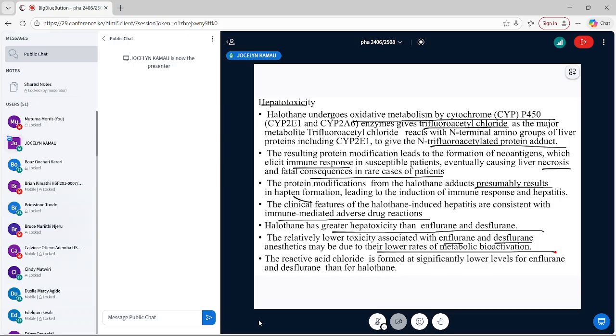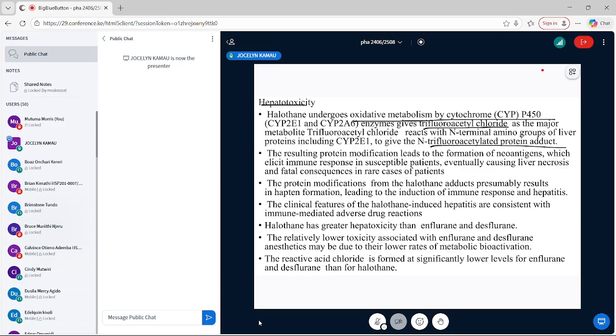But enflurane, its isomer isoflurane, and desflurane are metabolized into the electrophile much more slowly, and that helps them to have lesser toxicity than halothane. The reactive acid chloride, the trifluoroacetyl chloride, is formed at significantly lower levels for enflurane and desflurane than for halothane. That explains everything very clearly.